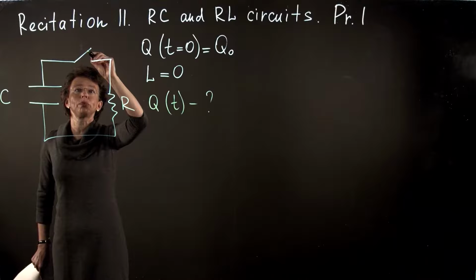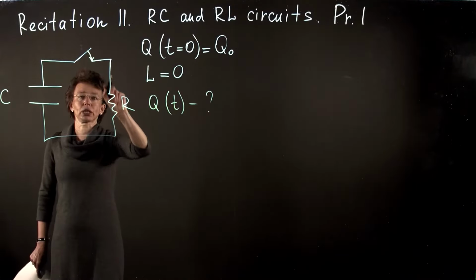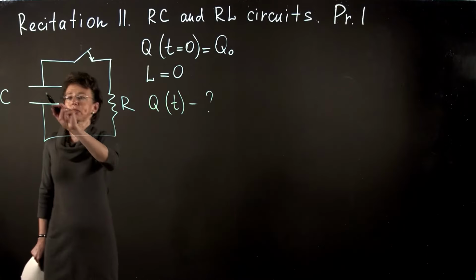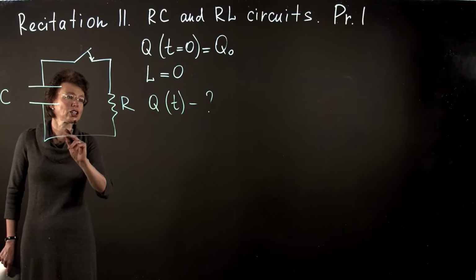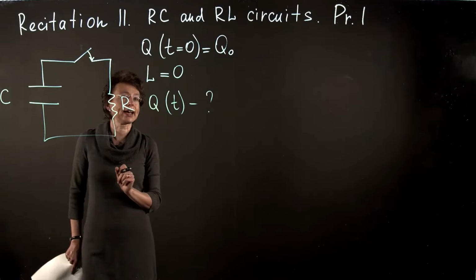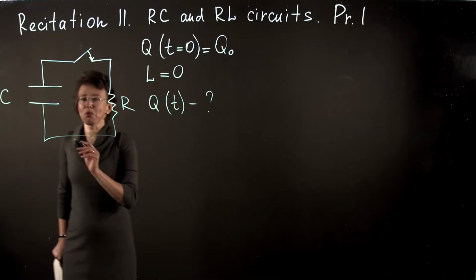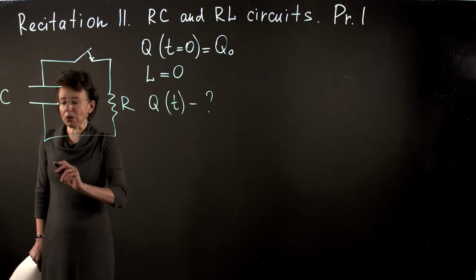So at time moment 0, I close the switch. We have current in this circuit because the capacitor is discharging, and we want to know how Q depends on time. First of all, the law. Which law will be used to solve the problem?